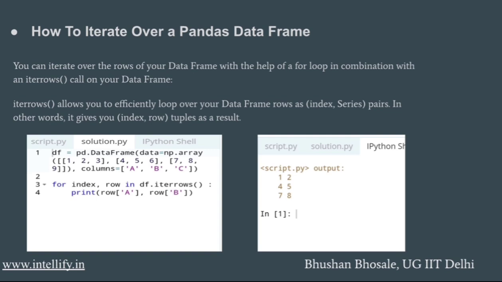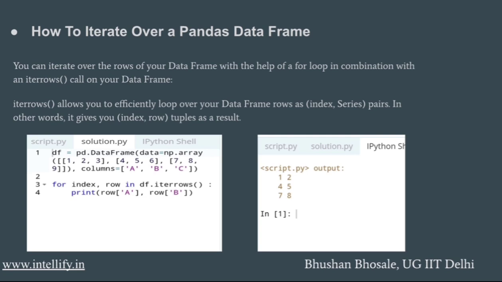So what is required for us to use from the pandas library is iterrows to iterate over the rows. iterrows allows you to efficiently loop over your data frame rows as index, series pairs. In other words, it gives index, row tuples as a result.